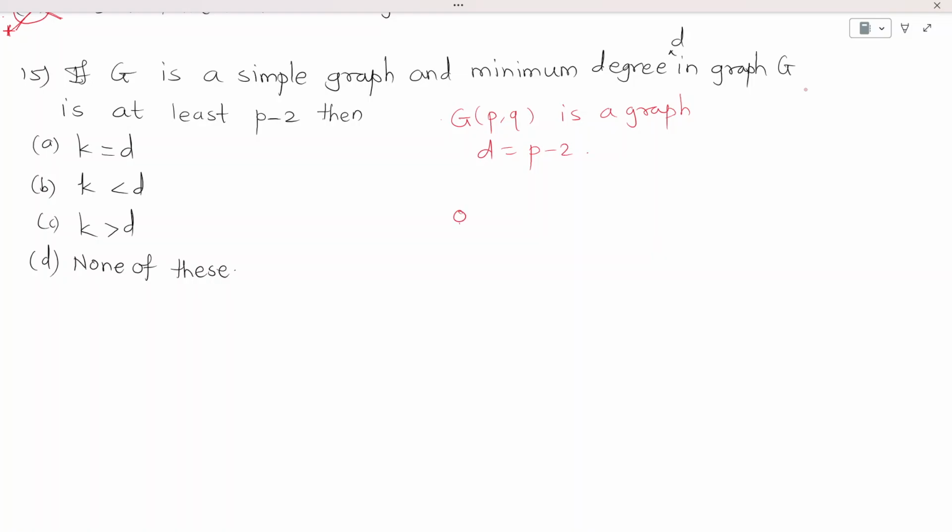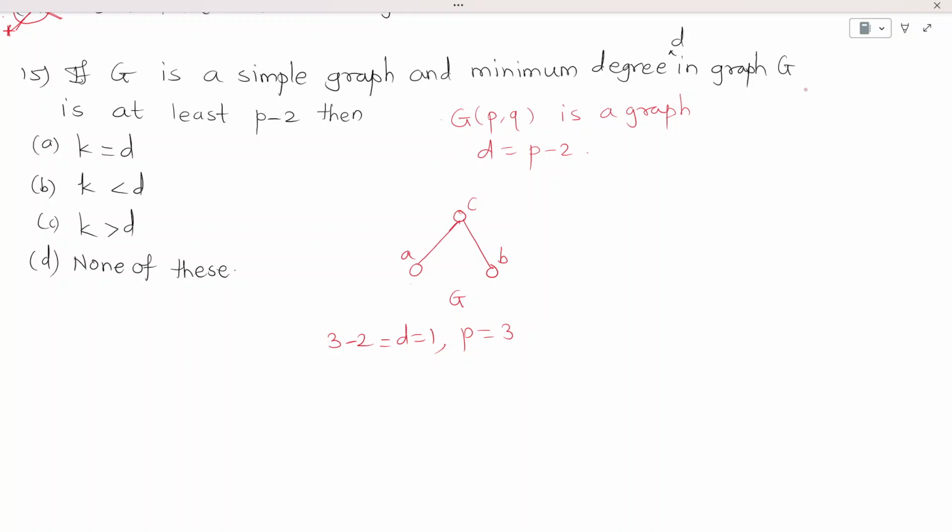So first let us consider an example. Here minimum degree is 1. This is A, B and C. In this graph G, D is equal to 1, P is equal to 3. So D is equal to 3 minus 2.